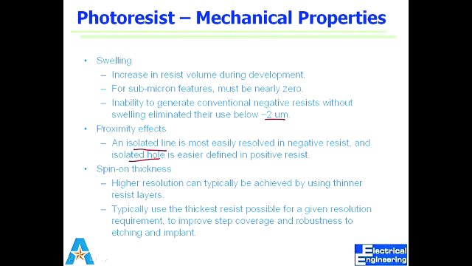If there is swelling, it can happen in partial regions, but would not be uniform over the length. But if we have a circle and it swells, it's going to expand from all sides and decrease the size. So in positive resist, making a circle is easier. We can have many of them closer to each other than we can with negative resist.